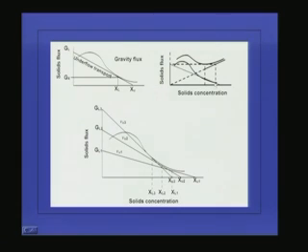Now, how do we use this information for the design? Say we want an underflow concentration of Xu1, that means this much is the sludge concentration we need when we withdraw the sludge from the thickener. What we have to do is draw a tangent to the gravity flux line. It touches this point and cuts the solid flux line at some point.